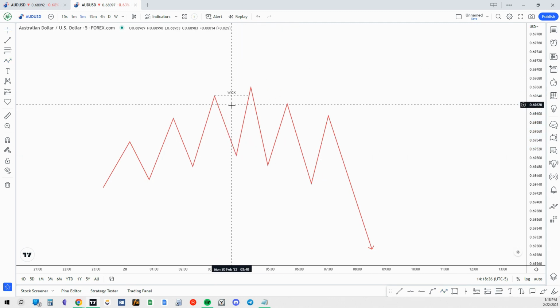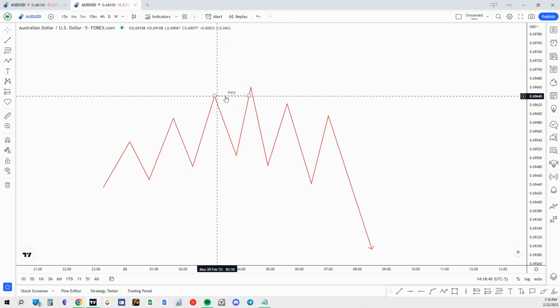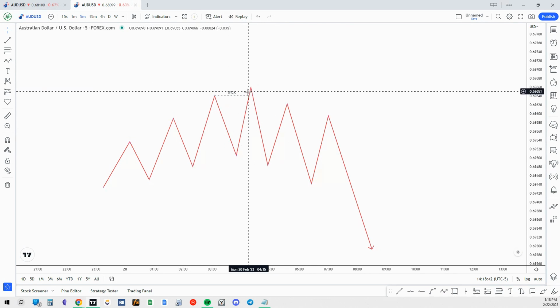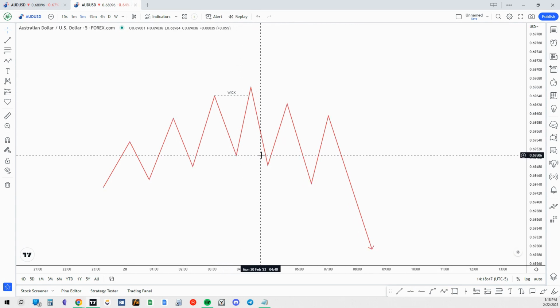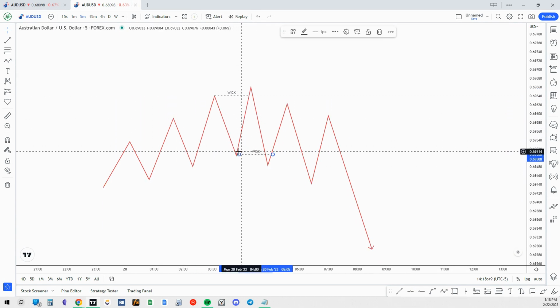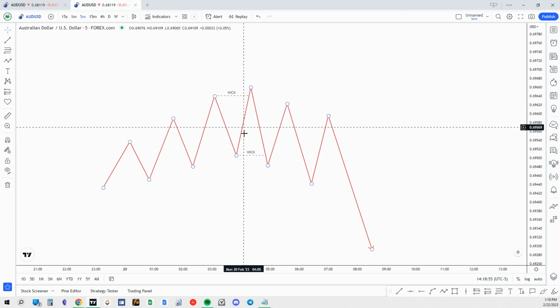So basically all we need to know is that this low needs to actually attack this high, and it can either wick or close above it and come back down and attack this low, which it can either wick or close below it. To help symbolize this, I'll just put this here, that it can be an actual wick or it can be a candle body close.